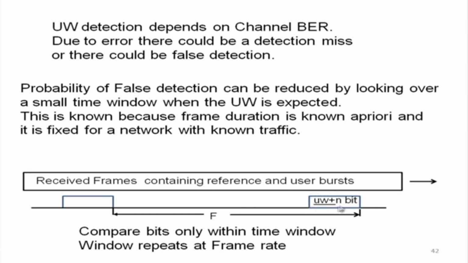Here the next unique word will appear. So, compare the bits only within the time window. In between you are not looking for the unique word, because this is supposed to be data, and if because of error some pattern looks like a unique word, you are not looking at it. You are looking at the location where the unique word is supposed to come, and therefore your false detection probability can be improved.